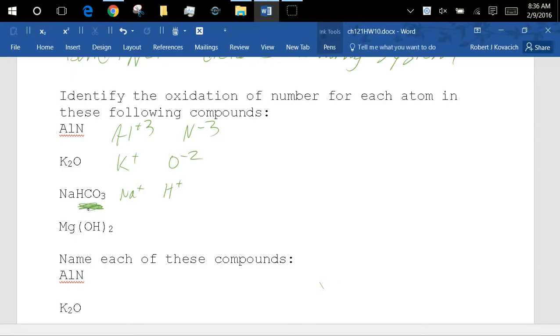This is the major buffer of your bloodstream. You've got a ton of hydrogen carbonate, or bicarb, or whatever we want to call it, inside of your bloodstream. So really this HCO3 negative is floating around by itself. So what is that hydrogen bonded to? Carbon and oxygen.